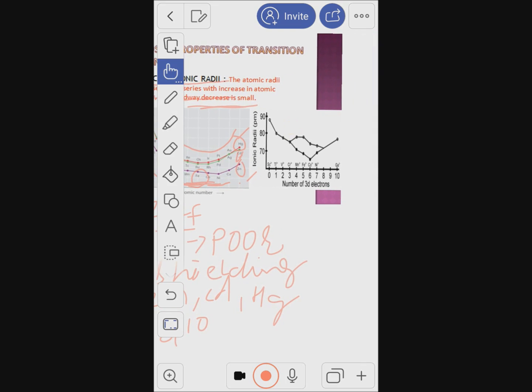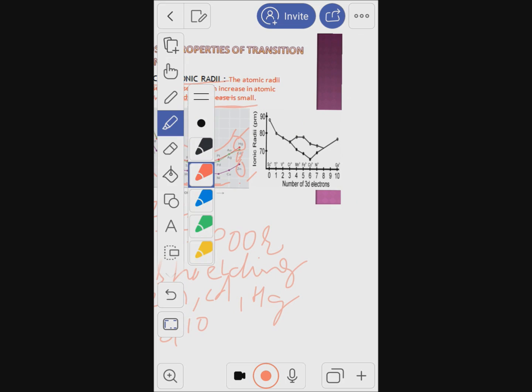Next is the ionic radii. In case of ionic radii, in the +3 oxidation state for the first transition series, scandium to nickel, as the number of d electrons increases from scandium to nickel or cobalt, there is a decrease in ionic radii.